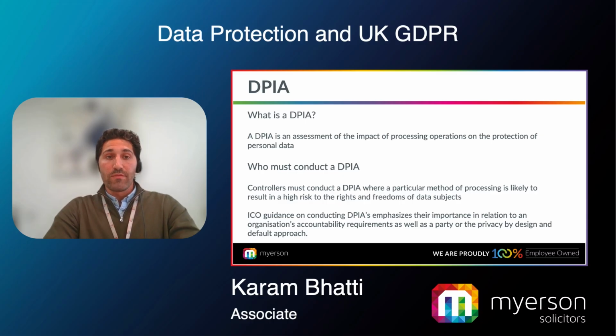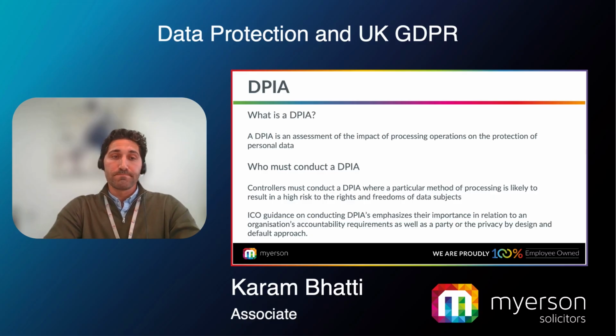Now, it's important to bear in mind that some of these operations require a DPIA automatically, and some of them only require them when they occur in combination with one of the other items.